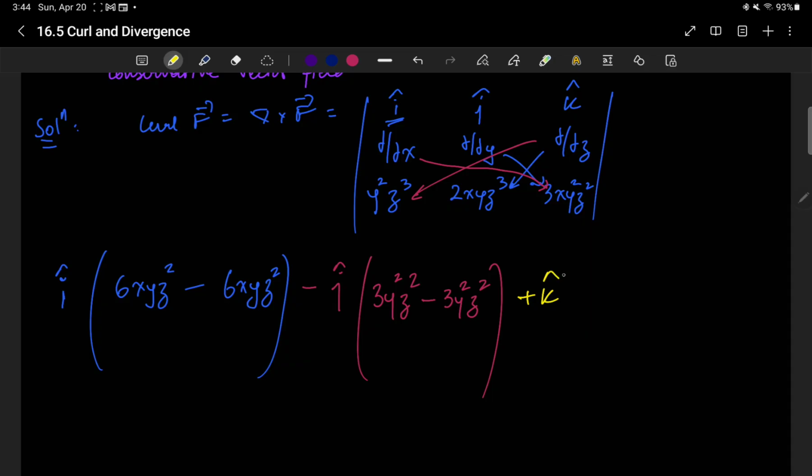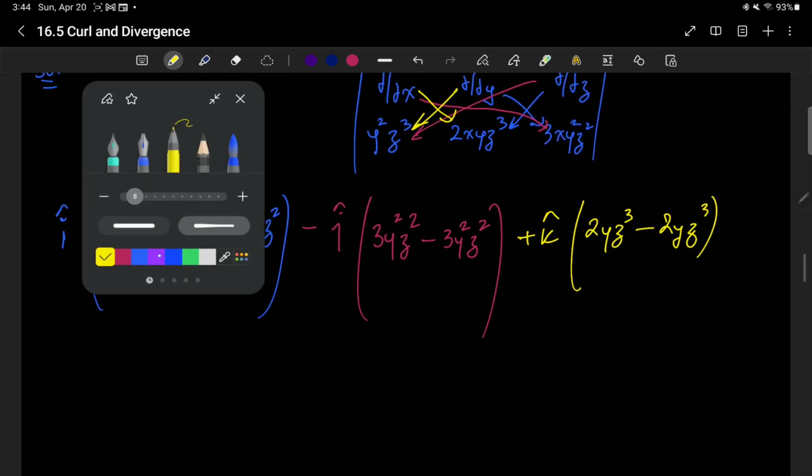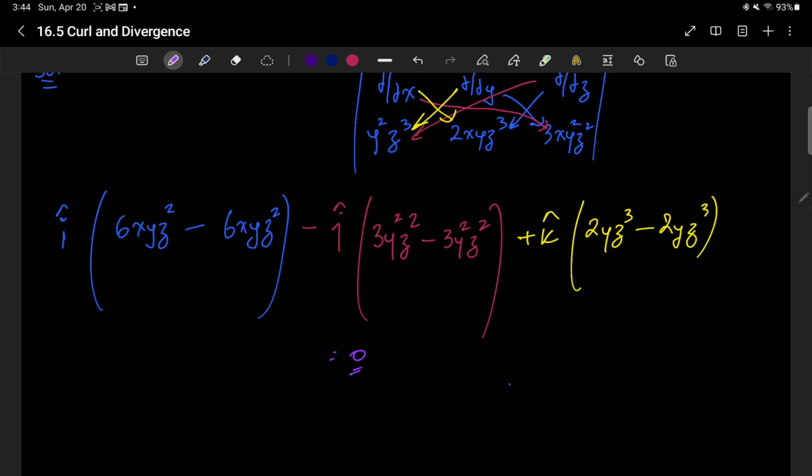And then lastly, for k cap, we have partial with respect to x, which is 2yz cubed, subtract partial with respect to y, which is 2yz cubed, and all of this just comes out to 0, which implies that f is a conservative vector field. So that's one of the types of problems that you will have, which is finding or checking if a given vector field is conservative or not.